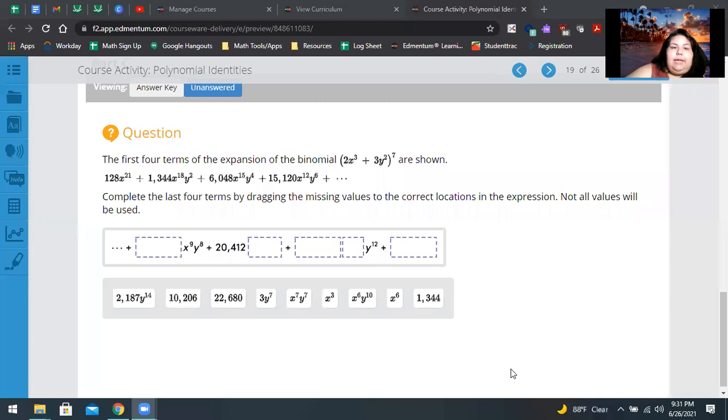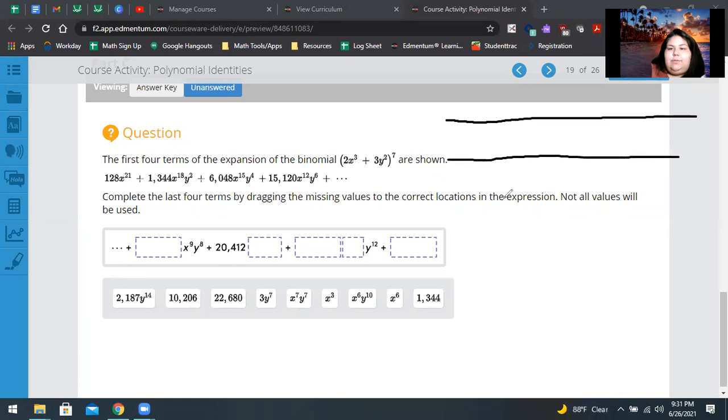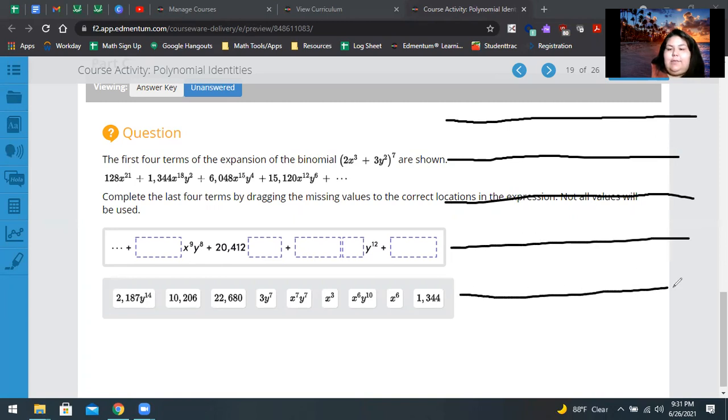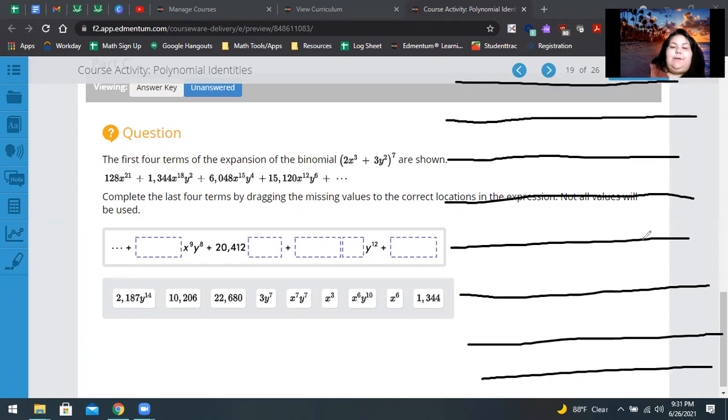Here is the first term, second term, third term, fourth term, which they already gave us. This is the fifth, the sixth, the seventh, and I'm going to add another one up here. So we have 8 terms there.